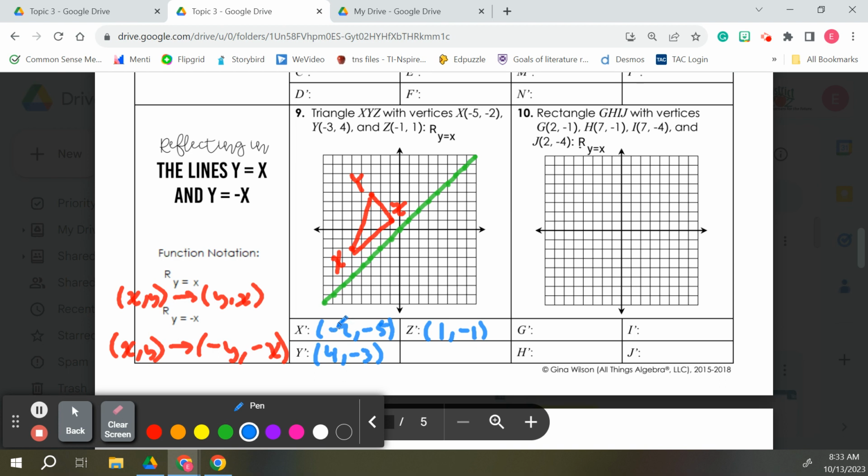So we're going to have -2, down 5. We're going to have 1, -1. And then we're going to have 4, down 3. So here it is. Try the next one on your own.